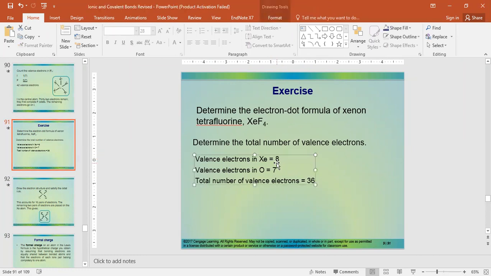Xenon is a noble gas, so it has 8 electrons. Then this is not oxygen. These are supposed to be fluorine. I'll correct this. Each is 7. So you multiply by 4 of them, you get 28. So 28 plus 8, you get 36.